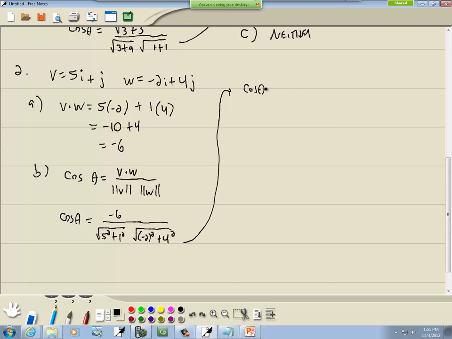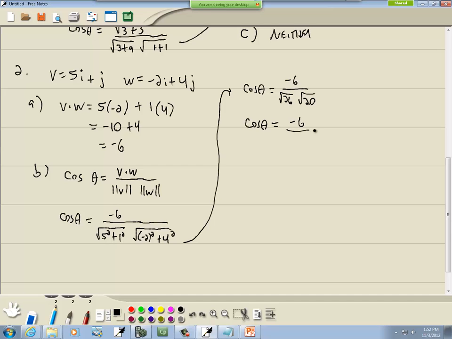So we get cosine theta is equal to negative 6 over 5 squared is 25 plus 1 is 26, so the square root of 26. And this is 4, and that's 16, so that gives us 20. Double check that. Okay, that looks right.